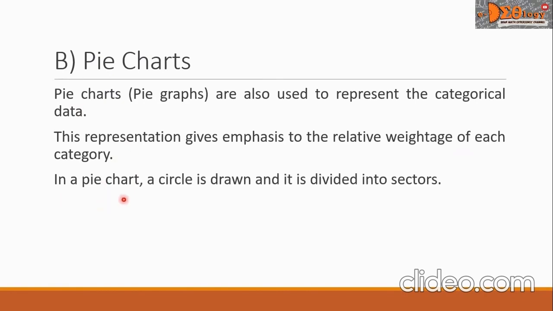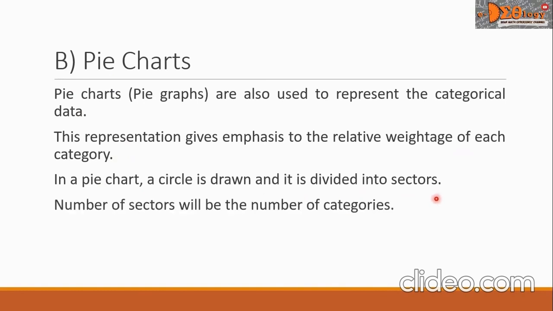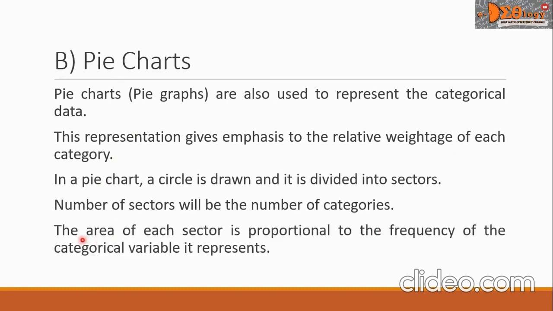In a pie chart, a circle is drawn and it is divided into sectors. The number of sectors will be the number of categories. The area of each sector is proportional to the frequency of the categorical variable it represents.